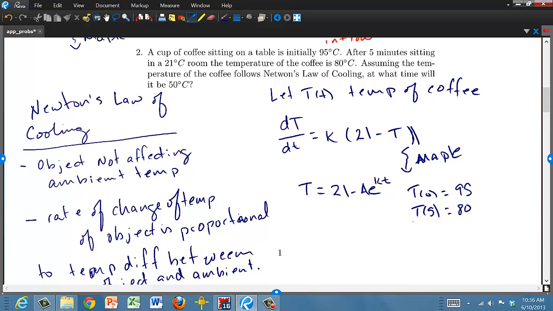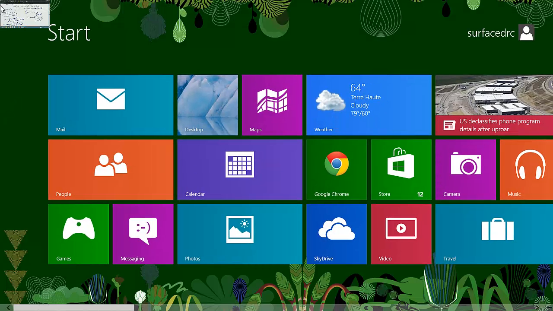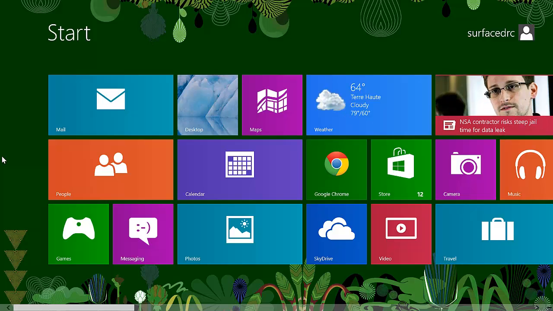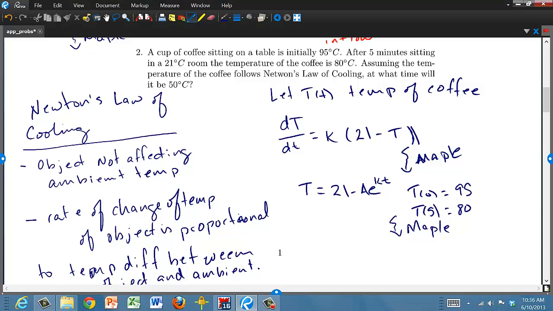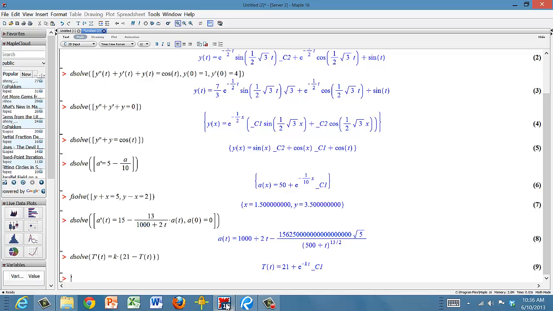So you can use Maple if you want here. Sorry about that. So the way I would do it is like this. I want to solve.